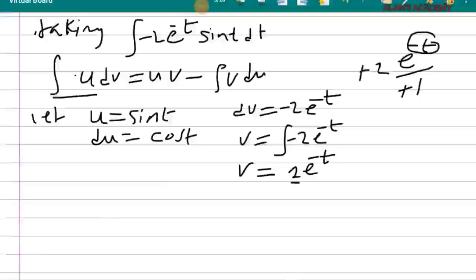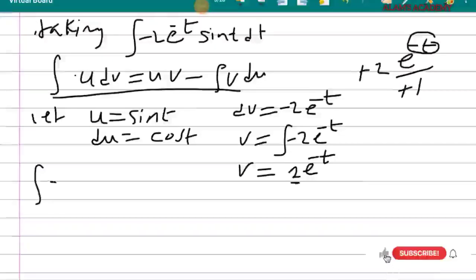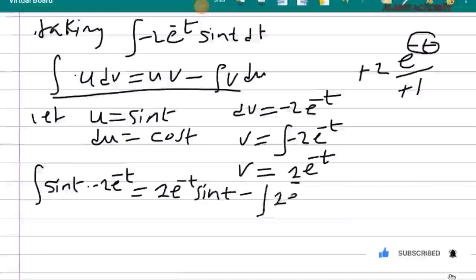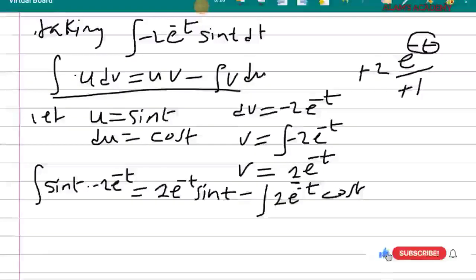Now we go and substitute this inside the formula. I now take the integral of u dv, and u we said is sine t, and dv is negative 2 e exponent negative t, which is equal to uv, where u is sine t, minus the integral of v du, that is 2 e exponent negative t and du is cos t.